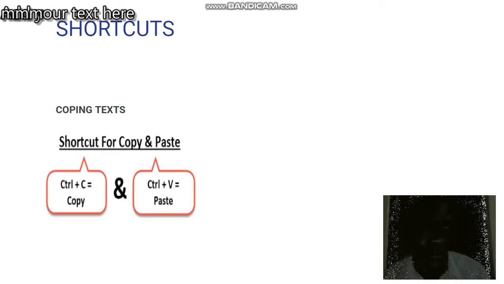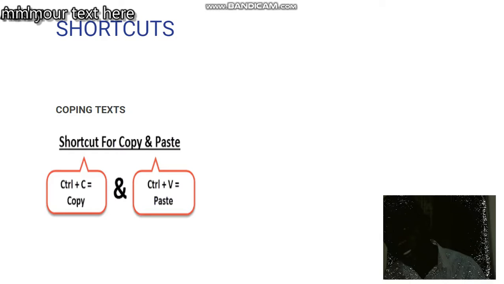The next part of this lesson is about shortcuts. One of the most important aspects of editing text and changing its fonts is that you can also use shortcuts, using the keyboard to edit text. For example, if you want to copy text, you select or highlight it, then press Control+C to copy.